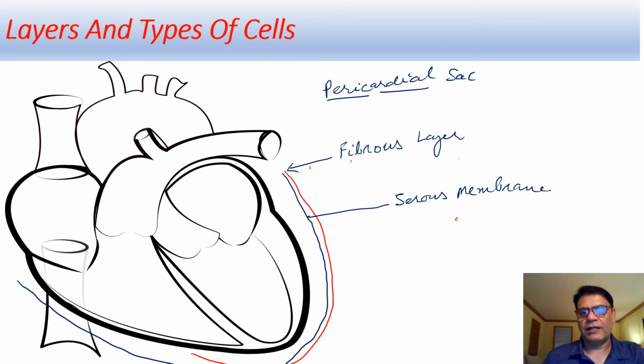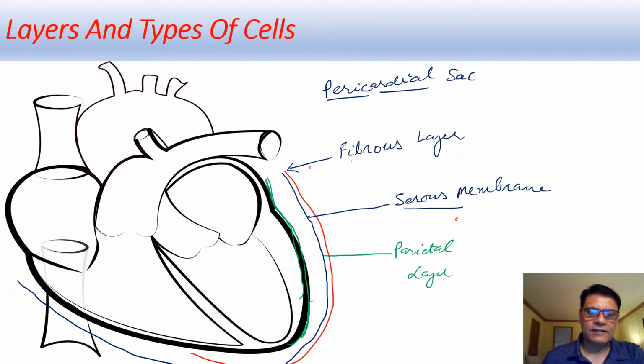As the name indicates, the serous membrane produces serous fluid, and the serous membrane is further divided into visceral and parietal layers. So this is called the parietal layer, and this is called the visceral layer that touches the surface of the heart.